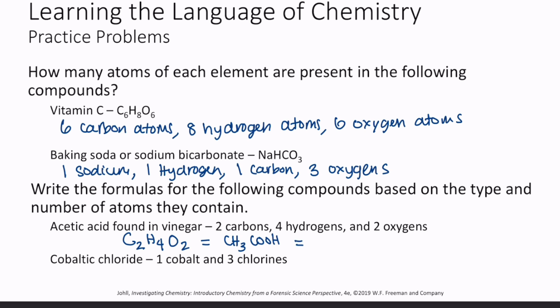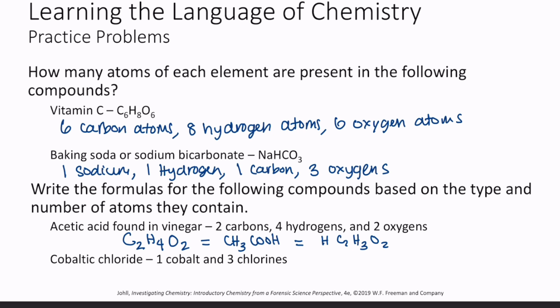It can also be written as HC2H3O2. Notice every single one of these has two carbons, four hydrogens, and two oxygens. So these are all great examples of chemical formulas. Don't be alarmed if you see the chemical formulas in different areas presented in different ways.